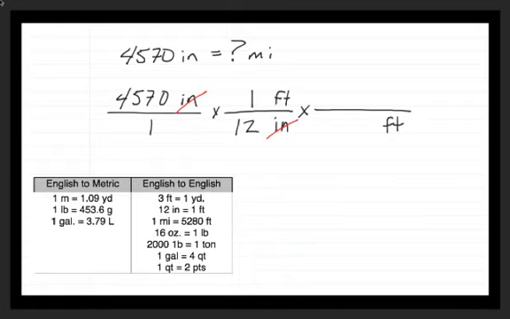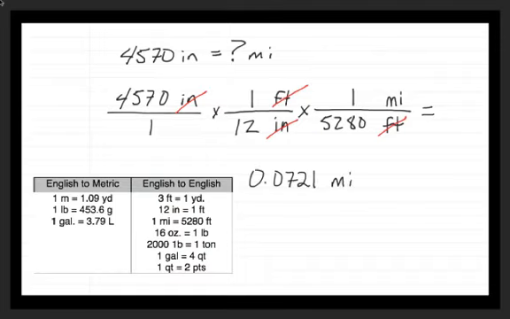Place the unit mile in the numerator and fill in the numbers. 5,280 feet in the denominator and 1 in the numerator, and confirm that the units will cancel out. The only unit left is a unit of miles, which is what we want. Put an equal sign at the end of the problem and solve for the answer, 0.0721 miles.